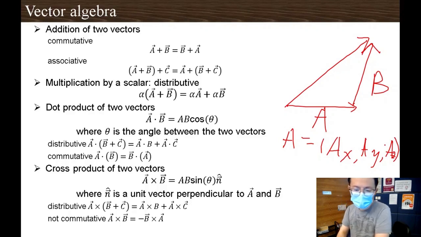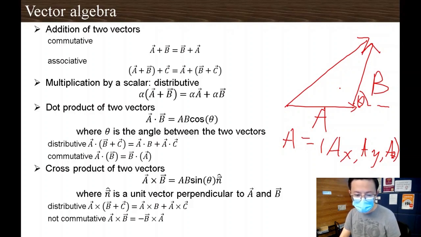Say that I'm trying to find the dot product between A and B. What I need is simply the magnitude, that is the length of vector A and the length of vector B, and also the angle between them. So this is theta, and cosine theta is what you need to find the dot product.